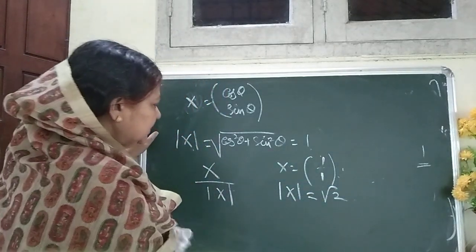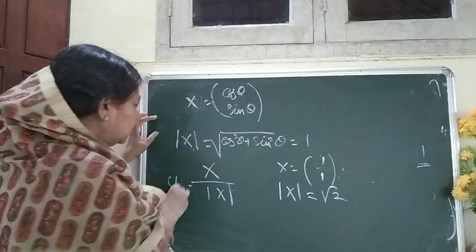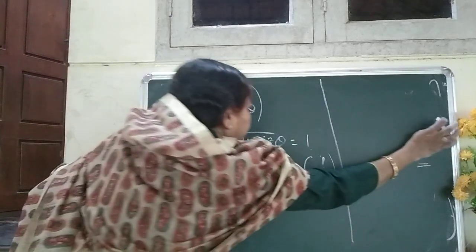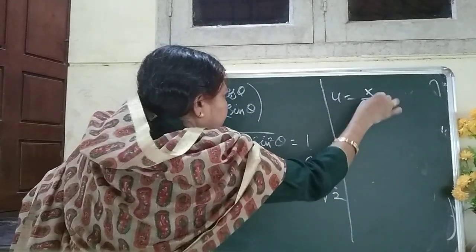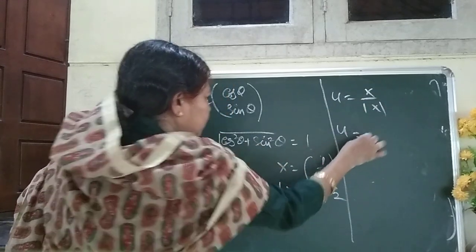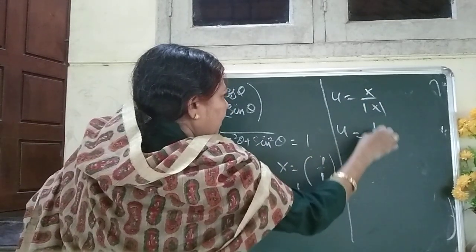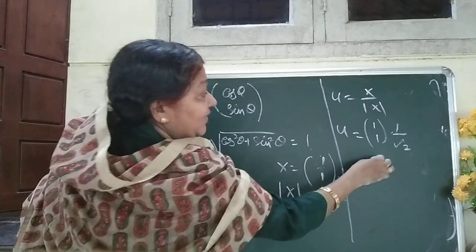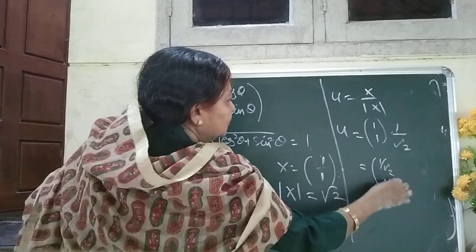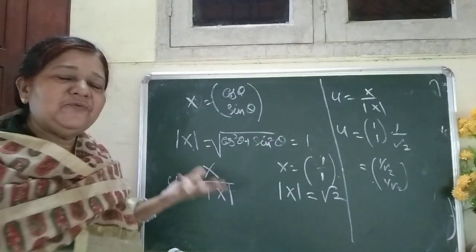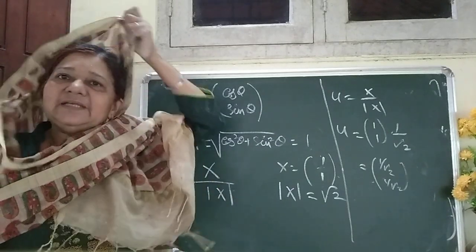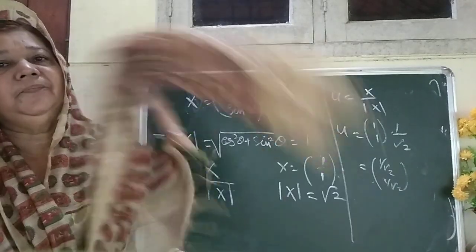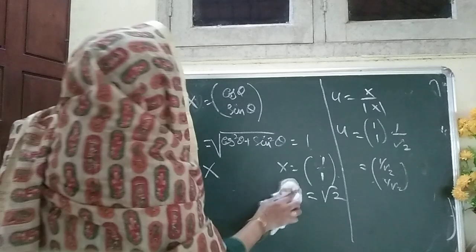Therefore, if we take u equal to x by mod x, u equal to (1, 1) into 1 by root 2, that is again we get (1 by root 2, 1 by root 2). It is also a unit vector. So for any vector, we can find a unit vector, that is, that vector divided by its modulus. So it is a unit vector.